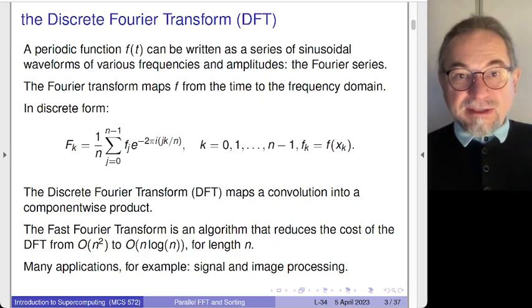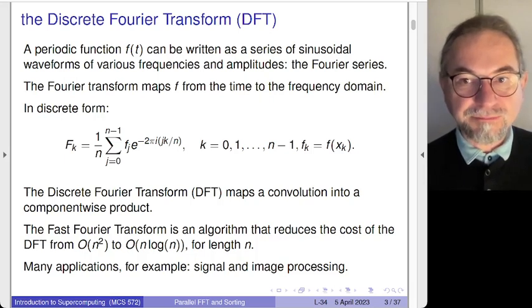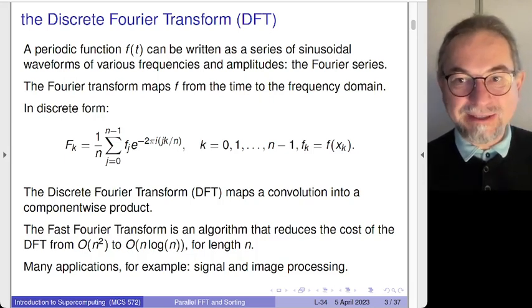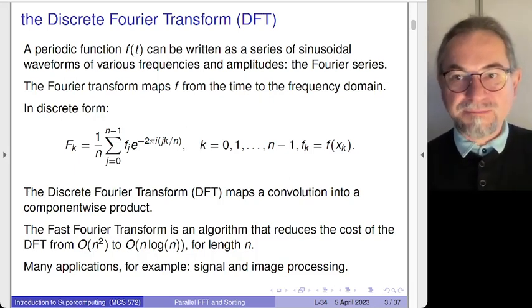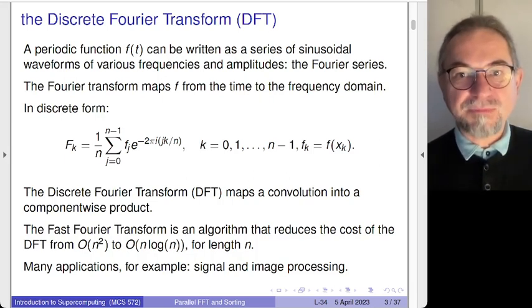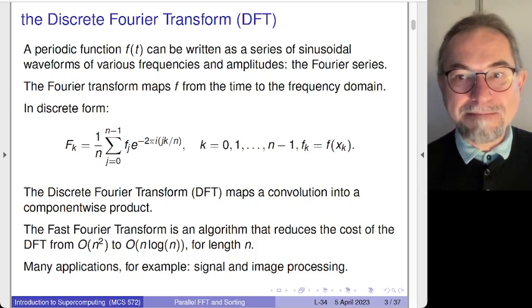But to make it self-contained, let me explain what the Fourier transform does. It maps a signal, so signal is continuous in time, but we have samples, we have numbers on input, a discrete set of numbers, and then the discrete Fourier transform maps the numbers from the time domain into the frequency domain.